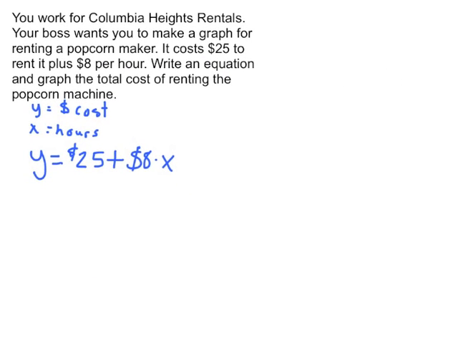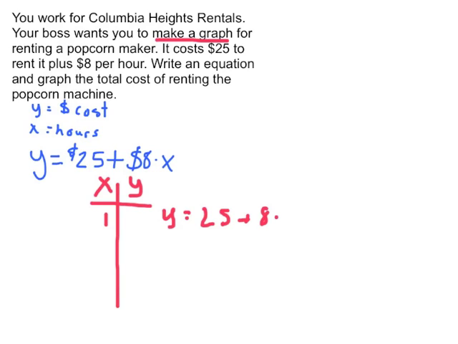The problem also said to make a graph. The easiest way to make a graph is to start with a table of x and y values. If we rent the machine for 1 hour, we can put 1 in for the x. y equals 25 plus 8 times 1. 8 times 1 is 8, plus 25 is 33.